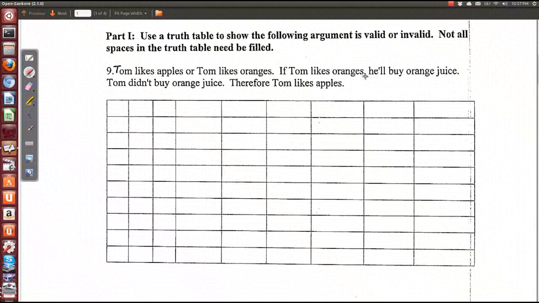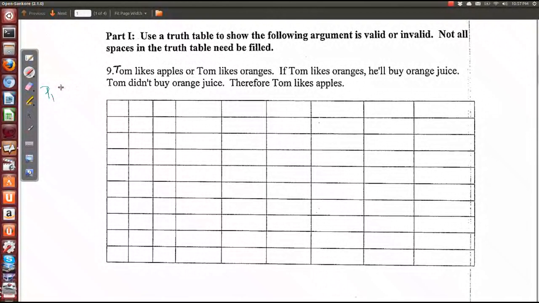If Tom likes oranges, he'll buy orange juice. Tom didn't buy orange juice. Therefore, Tom likes apples. So for my first premise, I'm looking at Tom likes apples or Tom likes oranges.